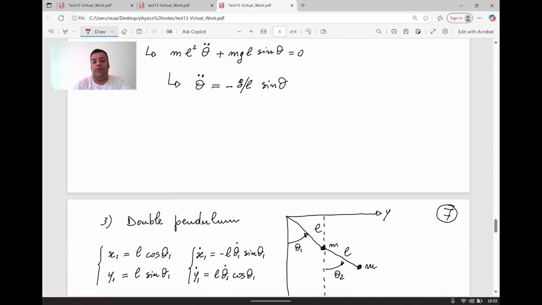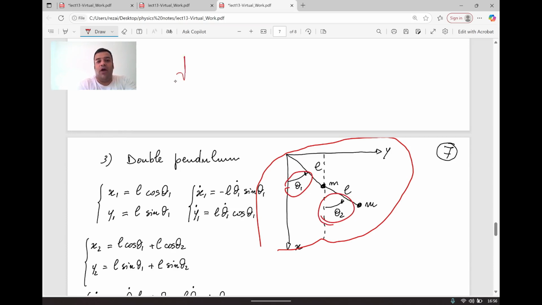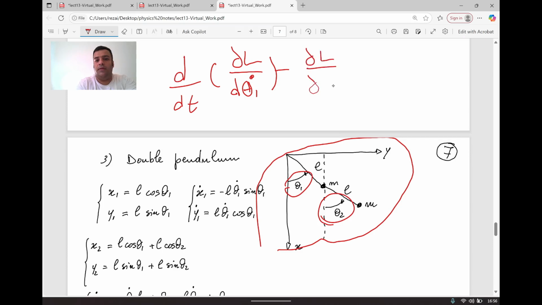For example, in a double pendulum, if you calculate with F equals ma it is so hard, but if you find x and y with respect to theta 1 and theta 2, and after that write this formula, for example dL over d theta 1 dot minus dL over d theta 1 equals 0, and also for theta 2 you write this equation, and after that solve the question.